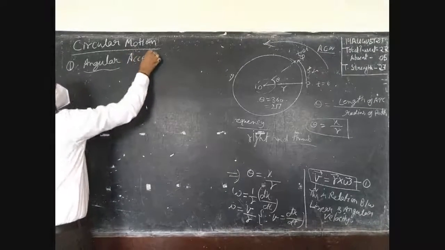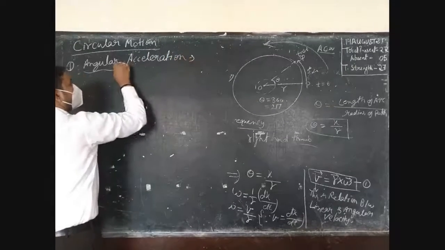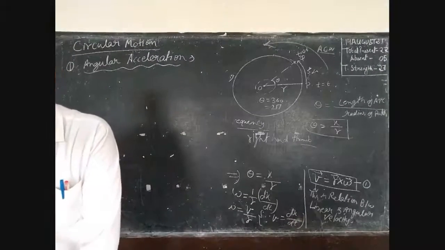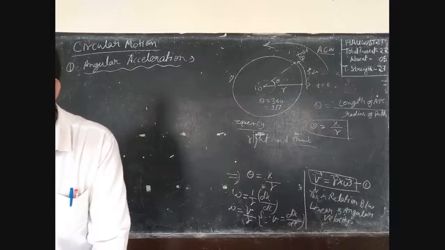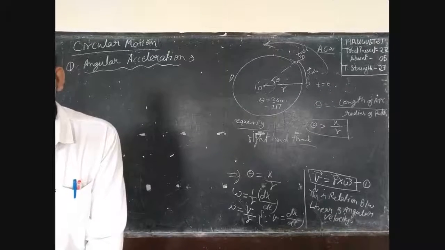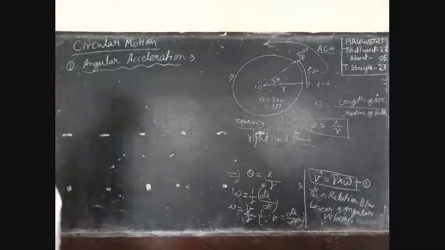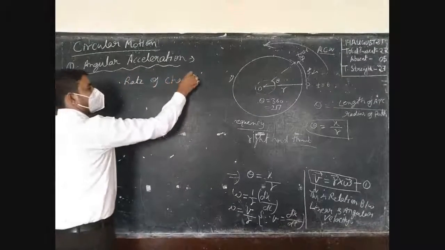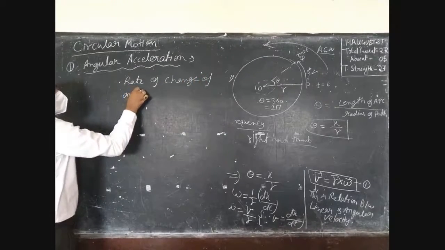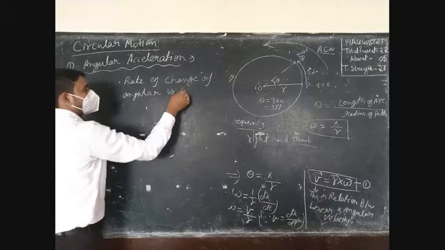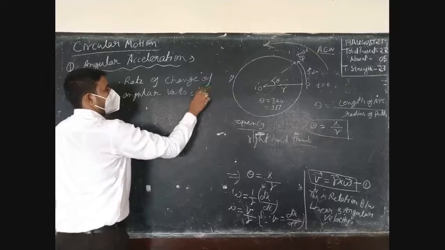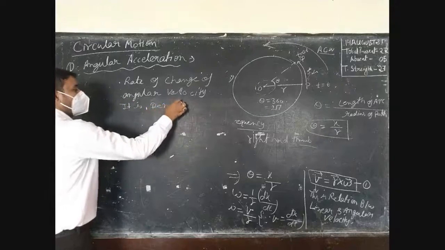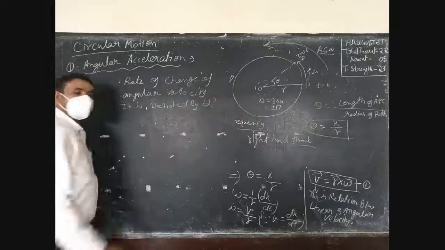Again, as you define linear acceleration as the rate of change of velocity, here angular acceleration is defined as the rate of change of angular velocity, right? It is denoted by alpha.